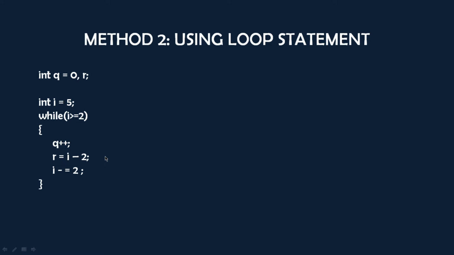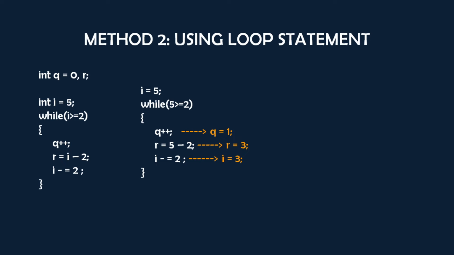To understand, I provided some quick simulation here. While the value of i is 5, while 5 is greater than 2, proceed to this statement. Since we increase our q by 1, our q value now is 1.